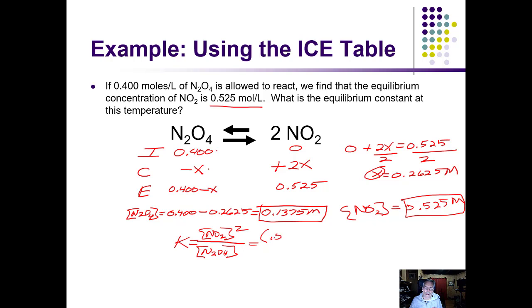This will be 0.525 molar squared divided by 0.1375. And I wind up with, 2. Okay, so that winds up being my equilibrium constant for this particular problem.